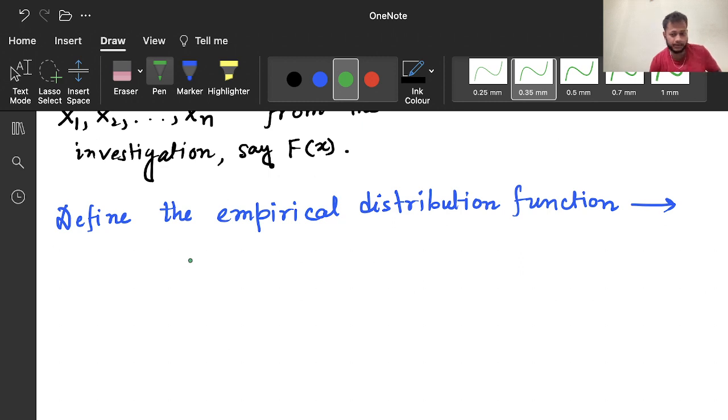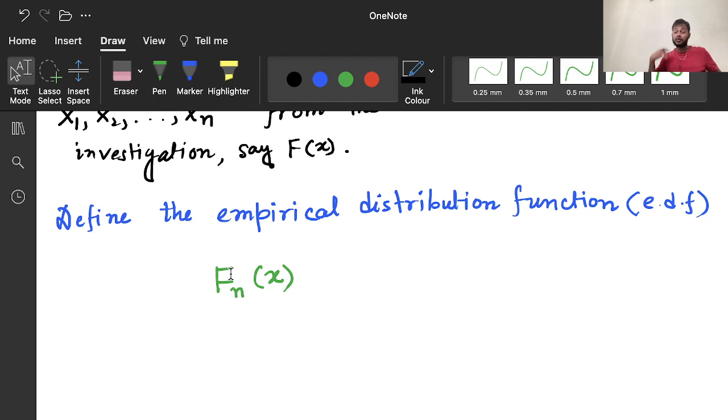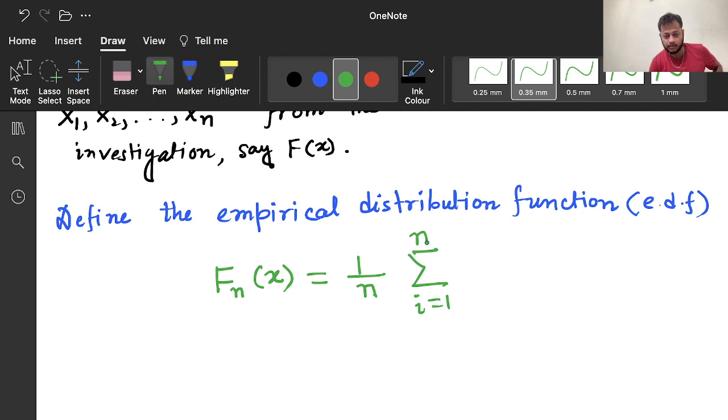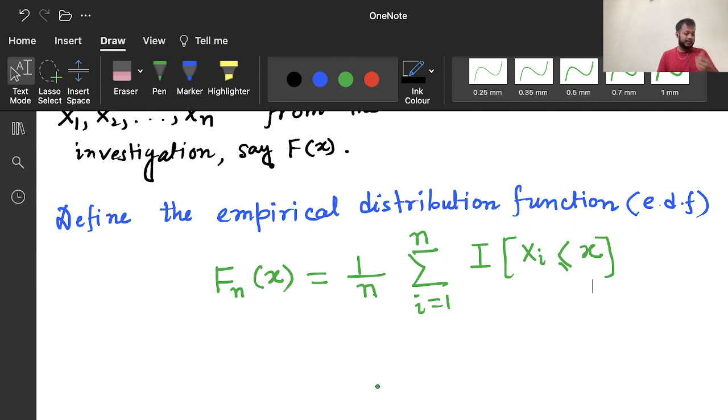The empirical distribution function, or in short EDF, we will write F_n(x), because we are writing our EDF based on n observations, equal to 1/n times the summation over i equal to 1 to n of the indicator function of X_i less than or equal to x. And what does this indicator function indicate?